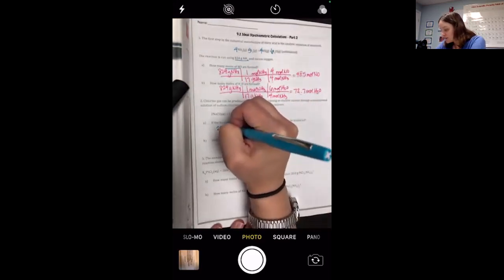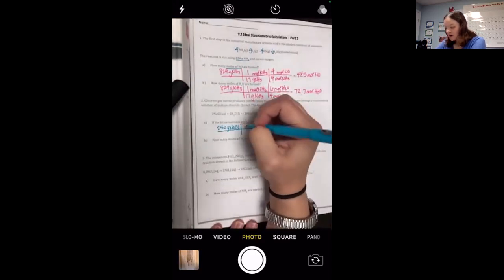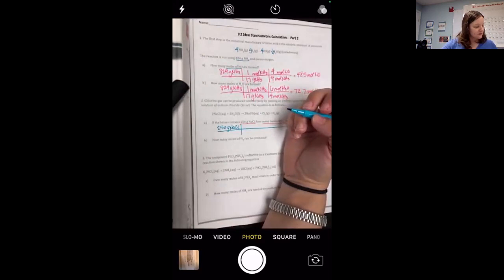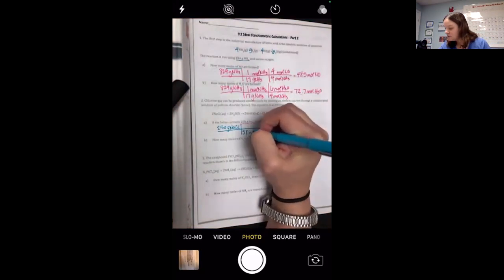250 grams of NaCl. NaCl, the mass is, okay, 23 and 35, that's my answer, 58 in 1 mole.